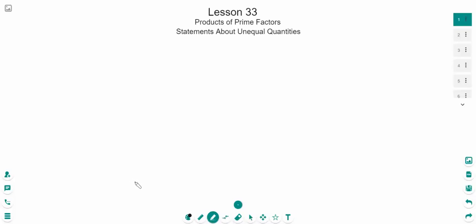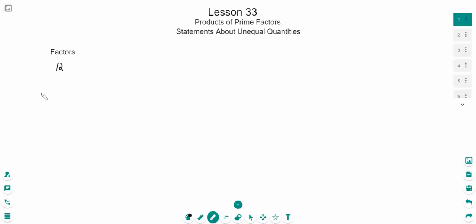So let's first start by talking about factors today. So factors. What is a factor? If we think about a number, and let's just pick any number, let's say we pick the number 12, for example. What is a factor of 12?